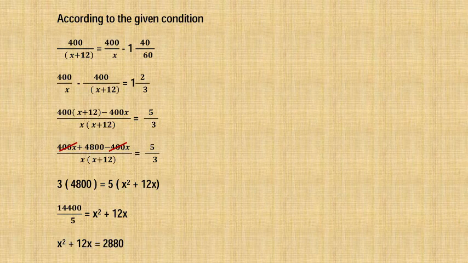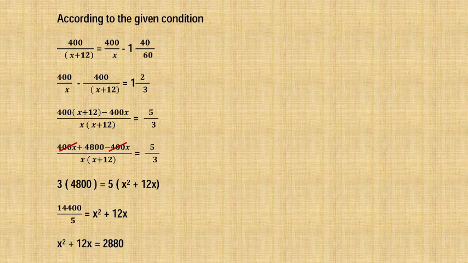So what is the time taken by the car when the speed is increased? That is 400 by x plus 12. This time is equal to the actual time taken by the car, that is 400 by x, minus 1 hour 40 minutes. So 1 hour 40 minutes can be represented as 140 by 60. In this case also, speed is increased, so the time decreases.